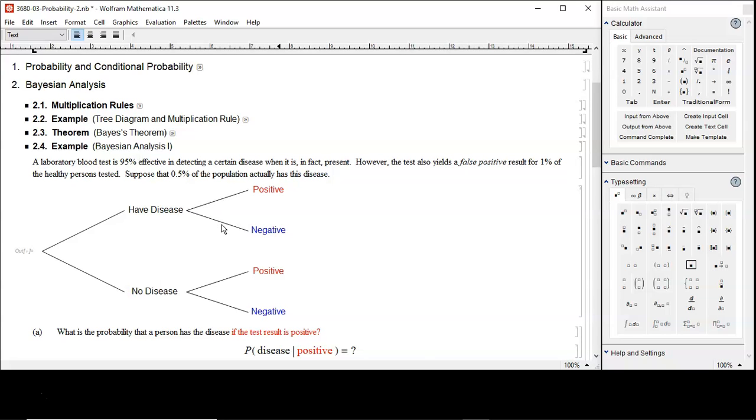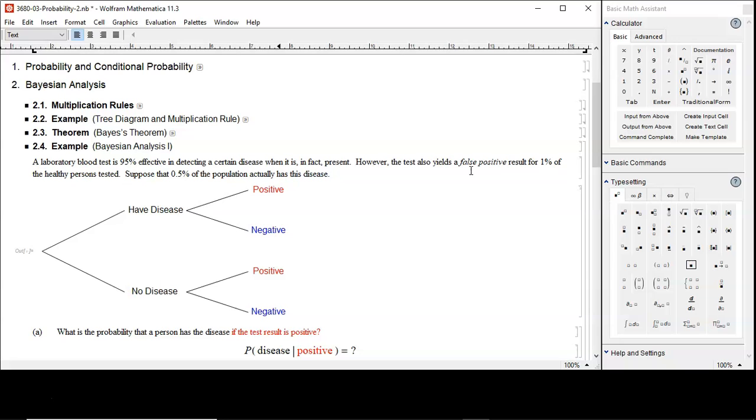95% here, 5% there. Same thing goes here, false positive for 1% of the healthy persons. And this one is a little bit harder because we do not have the keyword of if or when or given that, those kinds of things. It's kind of hidden. It says of the healthy persons. But still, reading carefully, you'll be able to find out this is a conditional probability that applies to healthy persons, not the people with the disease.